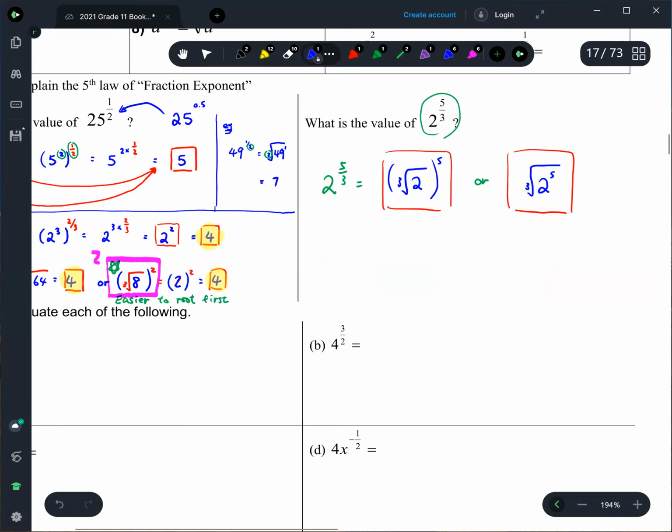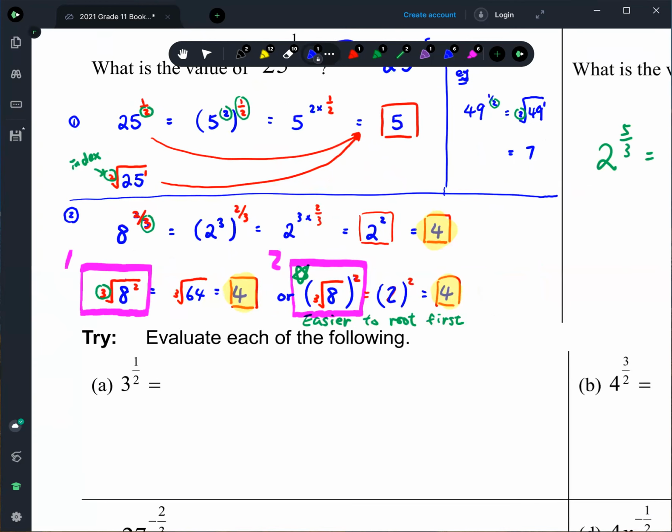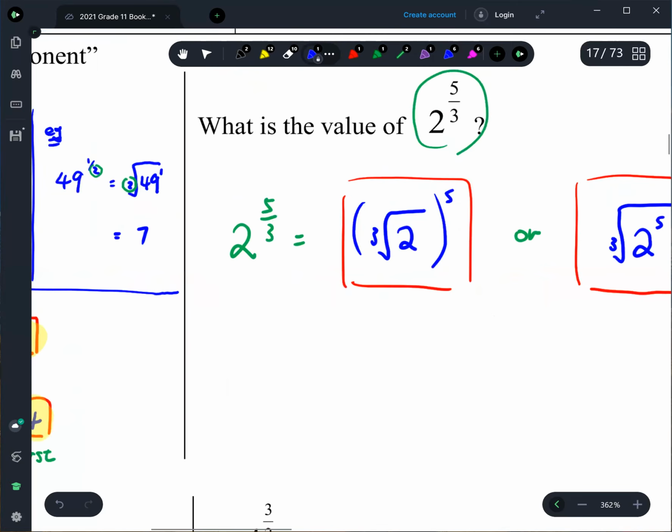If you know how to change to the radical form, sometimes you can evaluate, like the example I gave you. You could continue to get to the final answer. But because of the cube root of 2, we can't really get a nice number, so we just stop there.